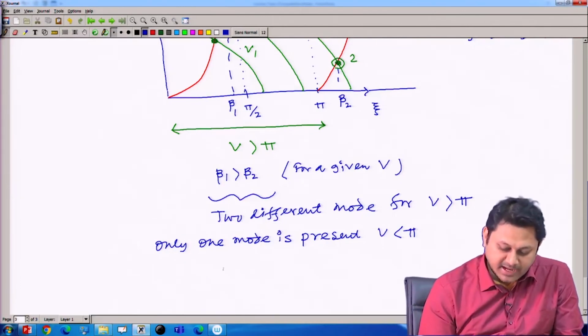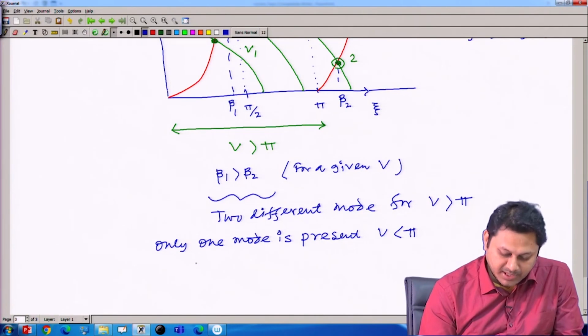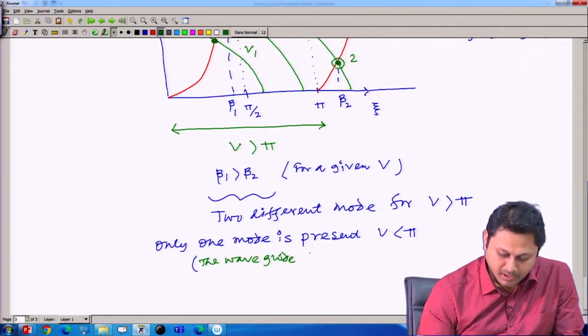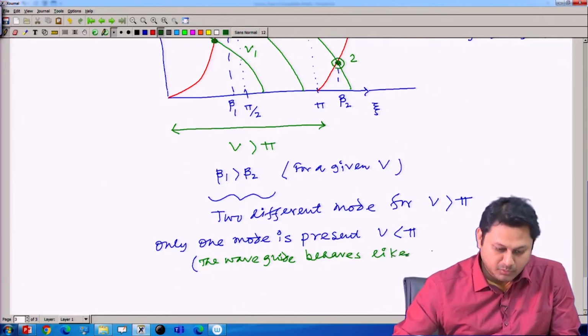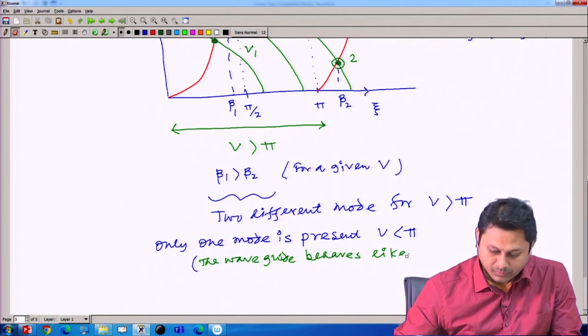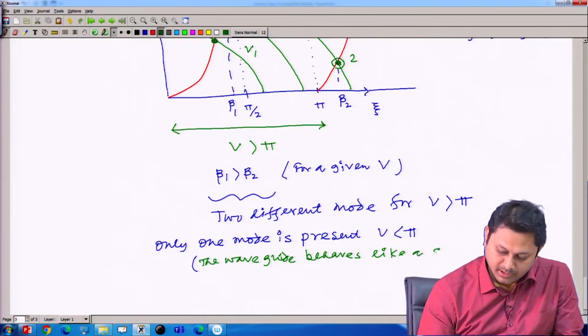So, it tells us that for this case the waveguide behaves like a single mode waveguide, allowing only one mode.